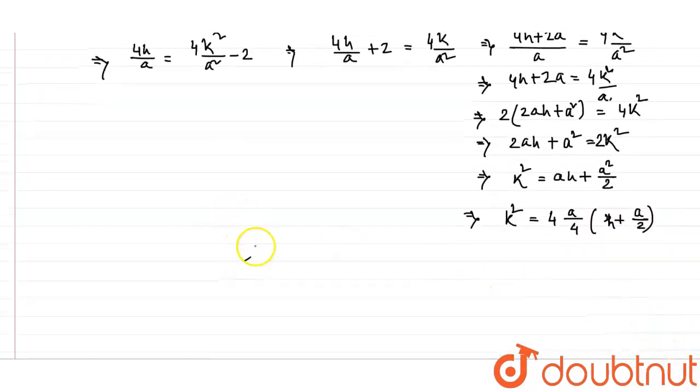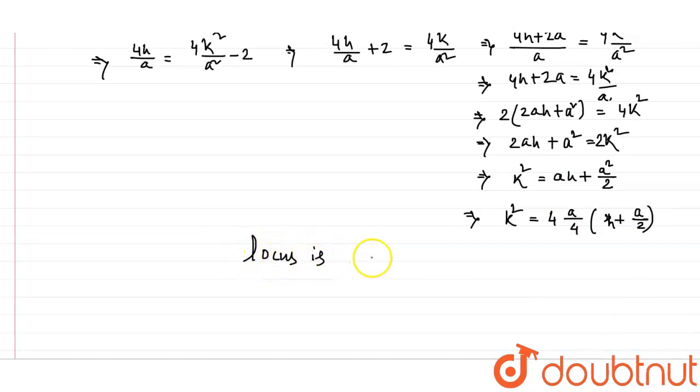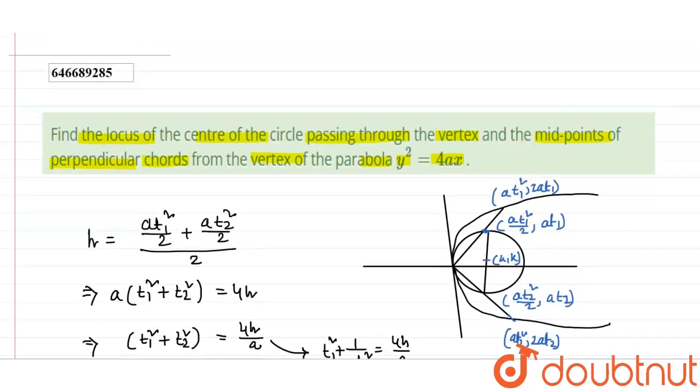The locus is y square is equal to 4a by 4 times (x plus a by 2). Also you can write it as a(x plus a by 2). This is the locus of the center of the circle.